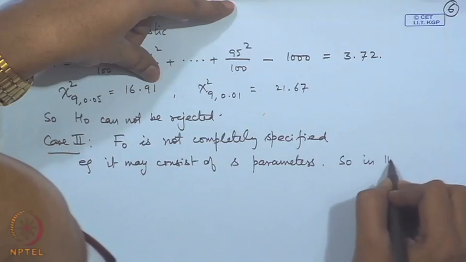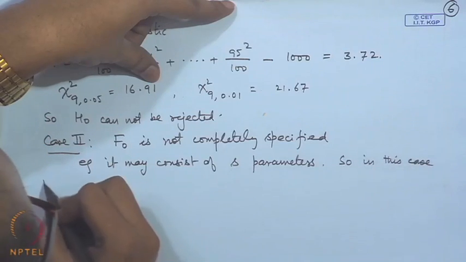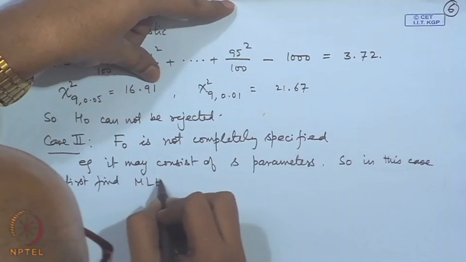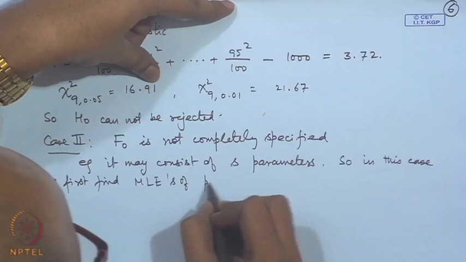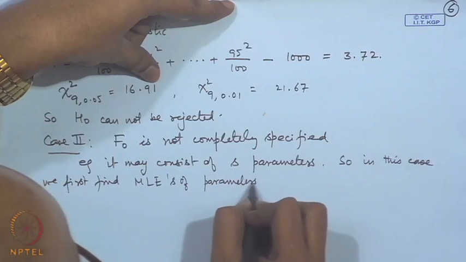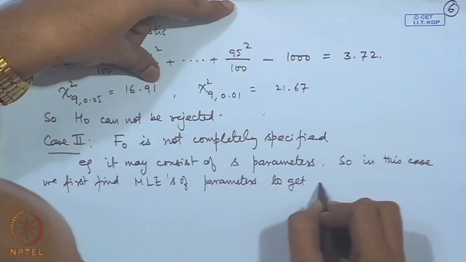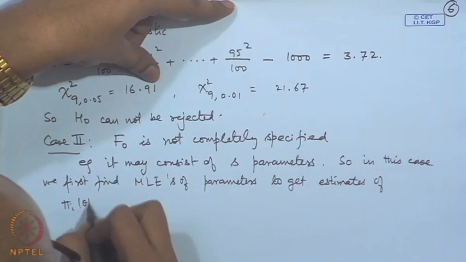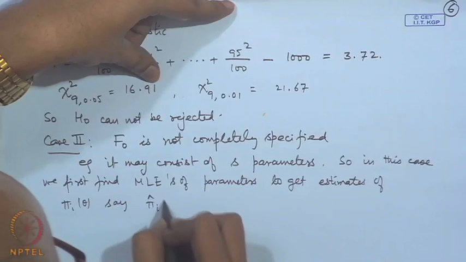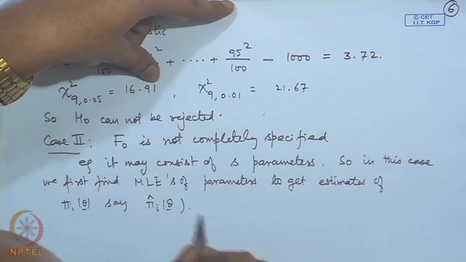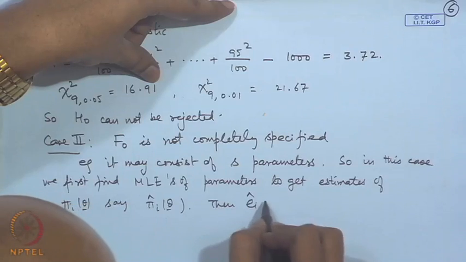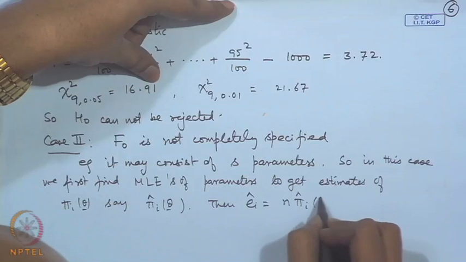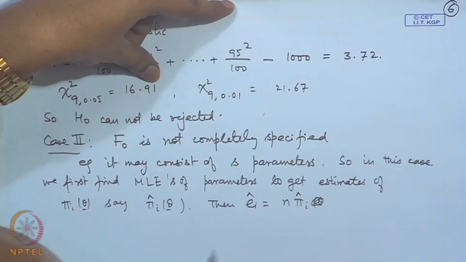In this case, we first find maximum likelihood estimators of the parameters to get estimates of pi i theta, say pi i hat theta. Then E i hat, that is equal to n times pi i hat theta. So, I am just writing n pi i hat.